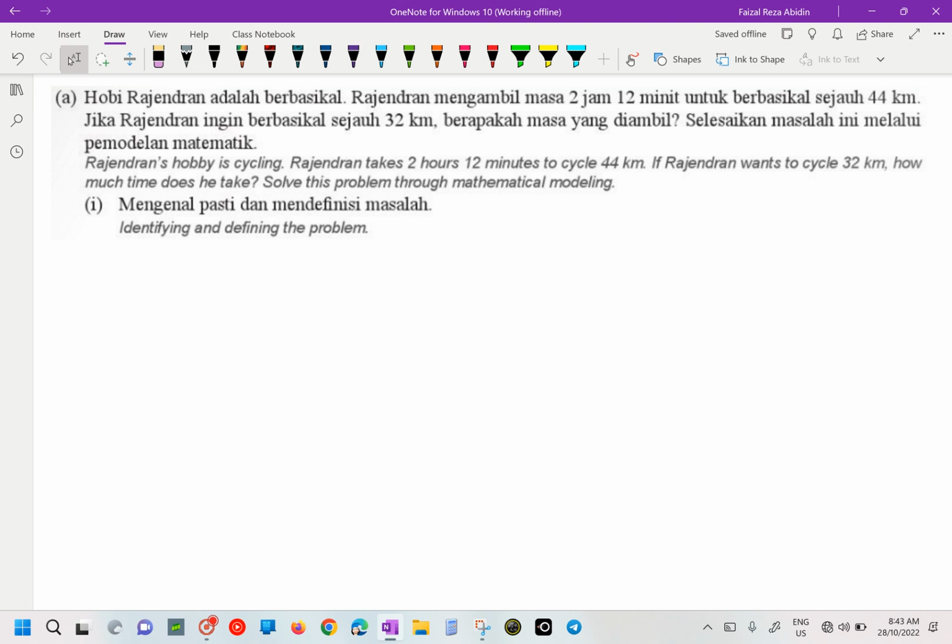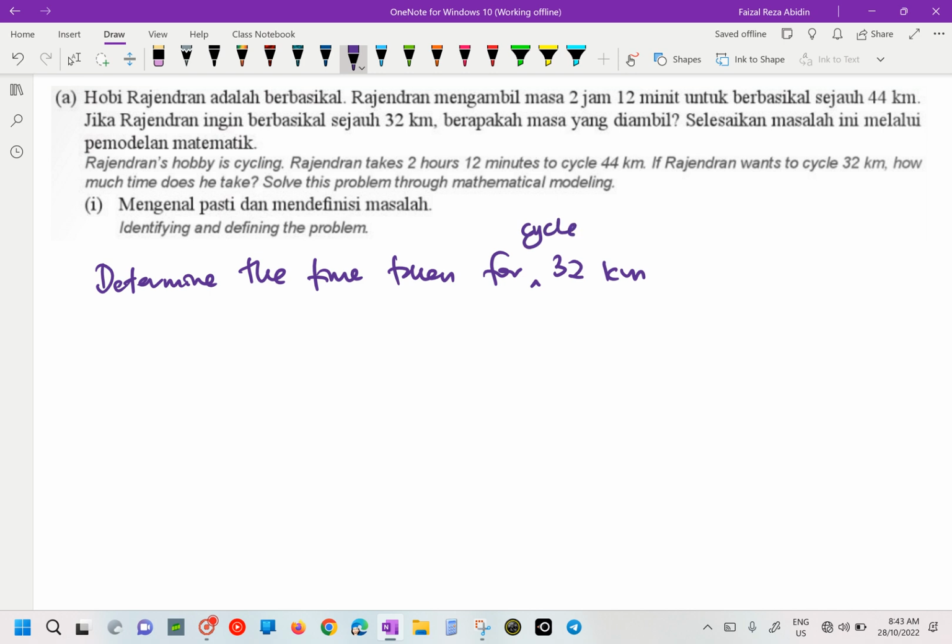We are going to determine the time taken for cycling 32 kilometer. Defining the problem.